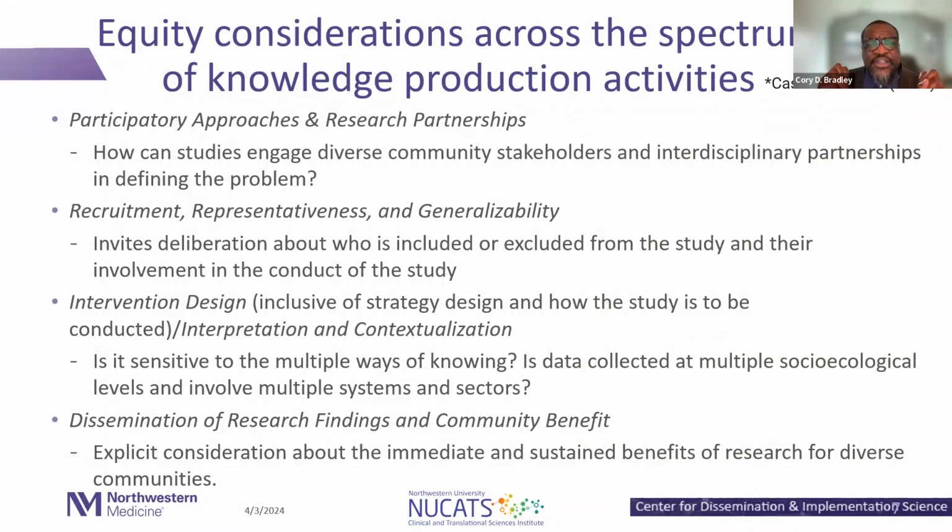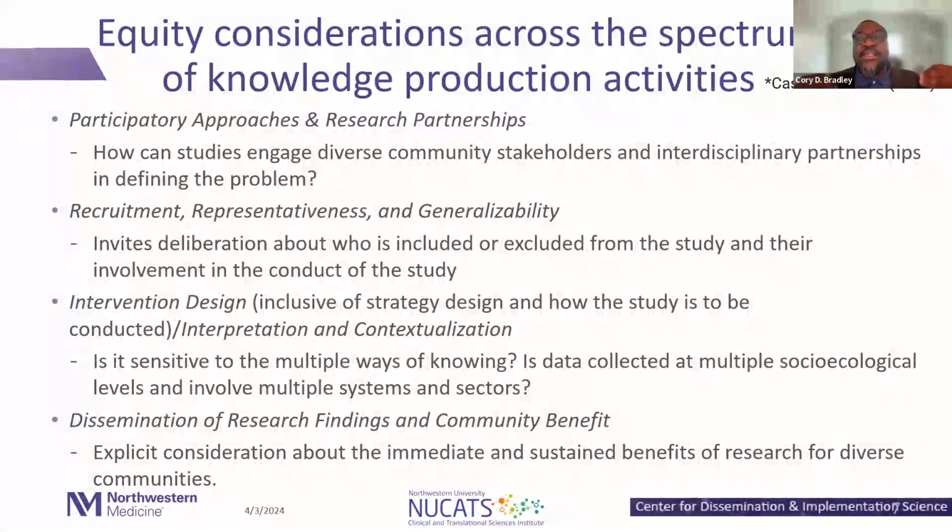but it's important to just think about that in the design, who's included, who's excluded in the considerations of study. And then intervention design being inclusive of the implementation strategy that is designed, as well as how that study is to be conducted, and to think about what is the level of participation and engagement and insight that is brought to that, and how are our partners in the implementation process, with implementation being a collective and collaborative enterprise, involved in interpretation and contextualization of our findings.